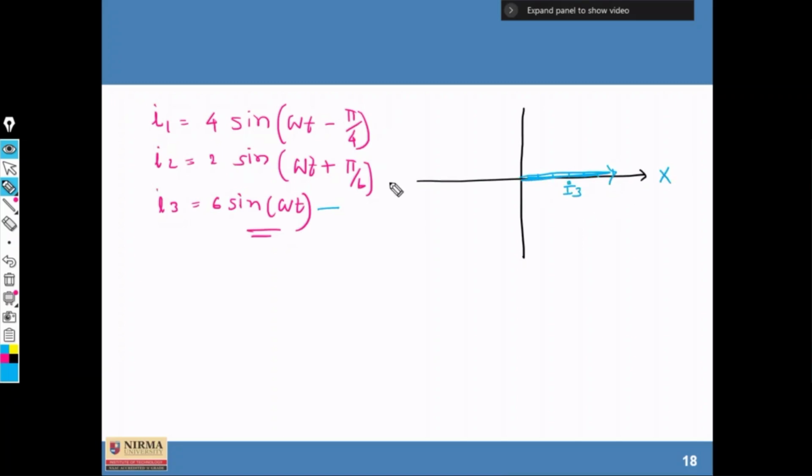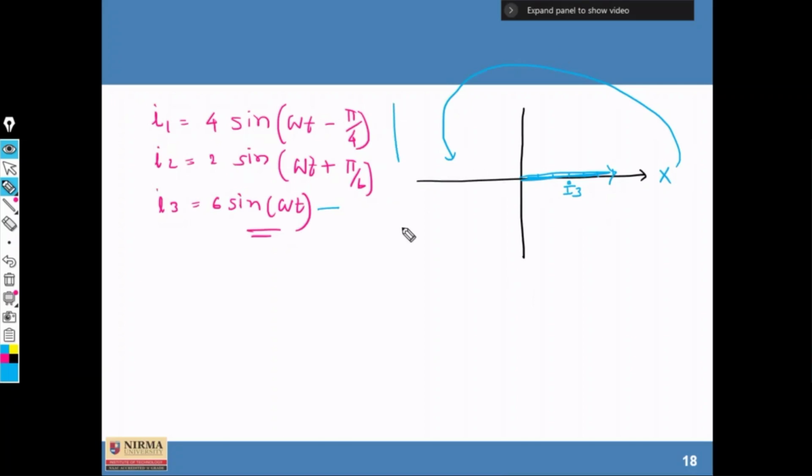Now I can represent all the different quantities in anti-clockwise fashion only. Because as and when we found the alternating current with the help of Faraday's law of electromagnetic induction, the coil is rotating in anti-clockwise direction with a speed of omega radian per second, and we always consider one direction only.